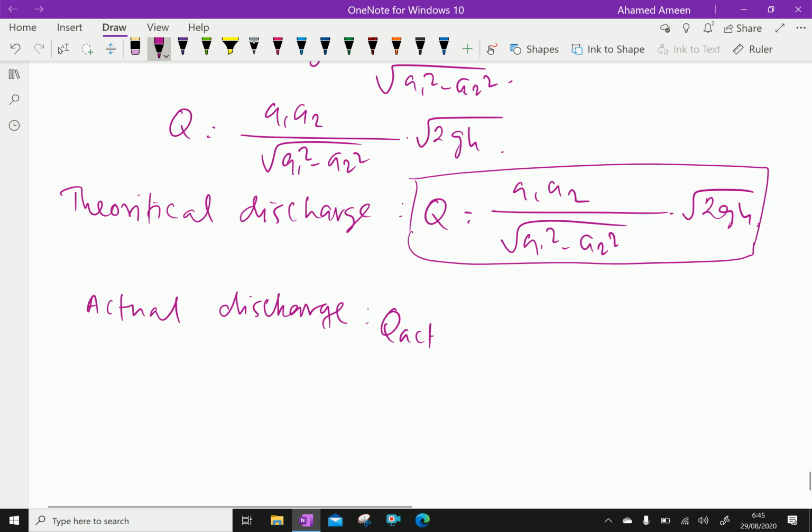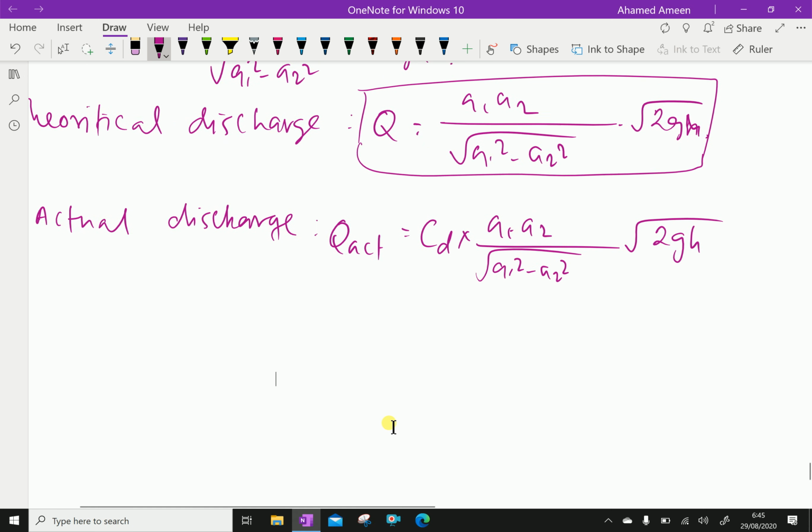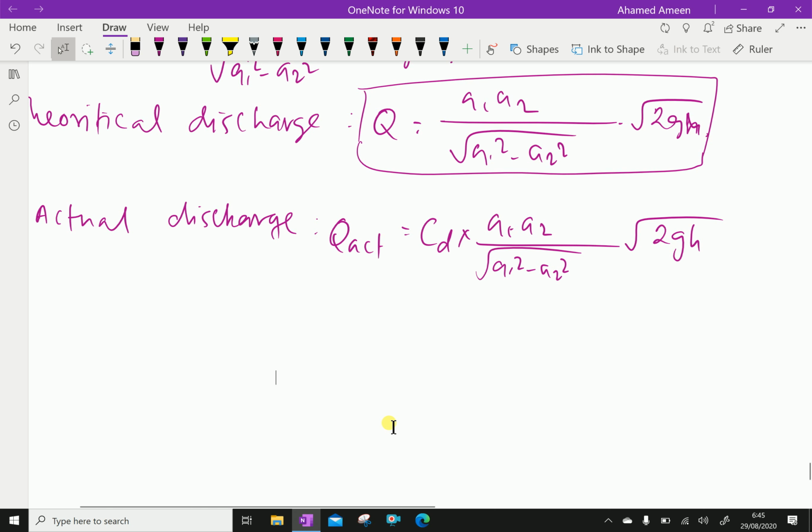We have to introduce the coefficient of discharge. Q actual equals CD into A1 A2 over square root of A1 squared minus A2 squared into square root of 2gH. This is the actual discharge, where CD is called the coefficient of discharge.